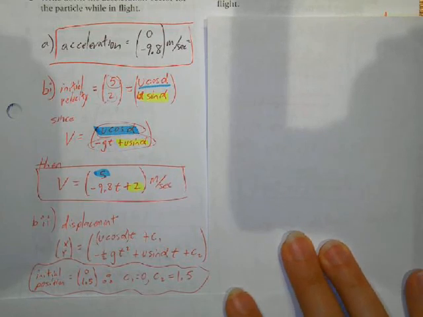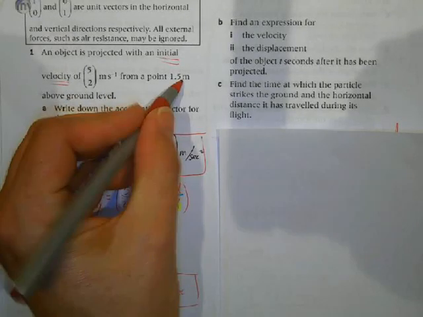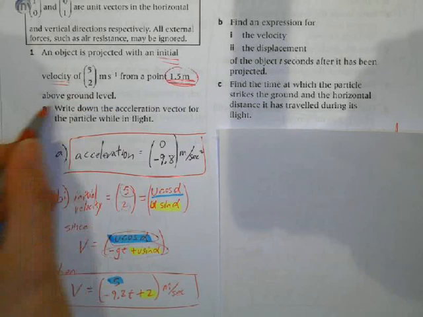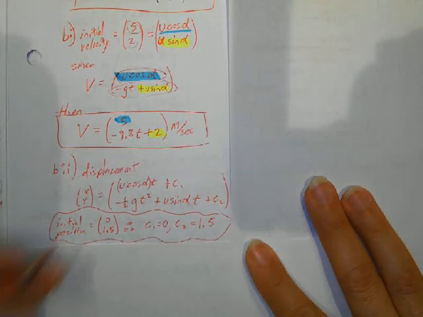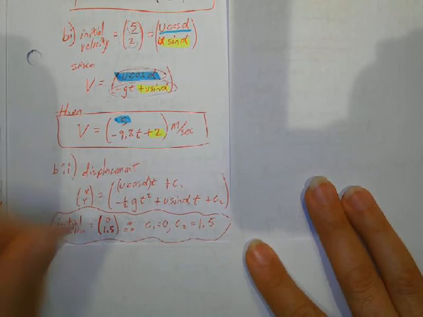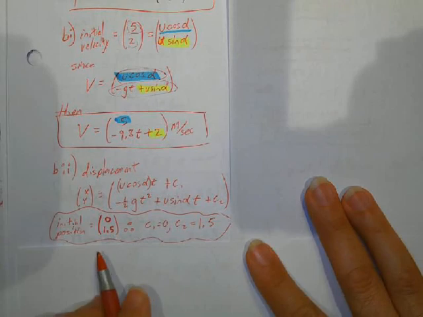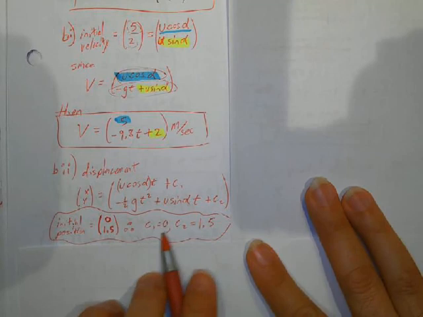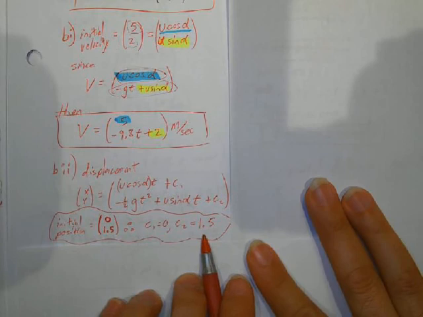I lied. It started at 1.5 meters above the ground, so its initial position is 0, 1.5. It wasn't moved left or right, so it started at position 0. And the height, because it was 1.5 meters above the ground, is going to be 1.5. So constant C1 is going to be 0, and constant C2 is going to be 1.5.